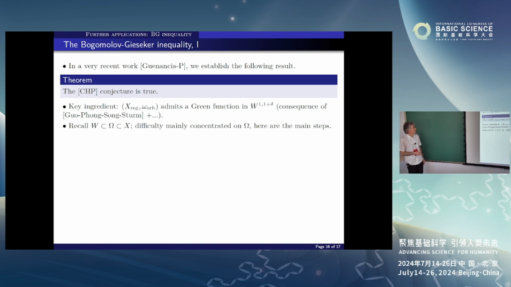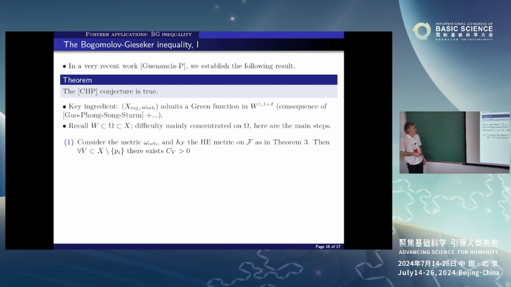Recall that W here is a finite set of points, and this omega is an open subset containing them. Outside omega we know everything about the objects that we have at hand. But of course, the difficulty is here, as you will see in a moment.